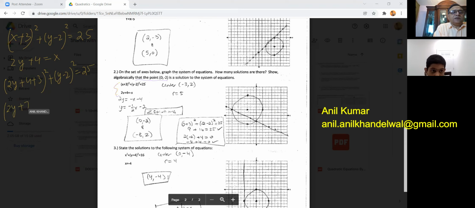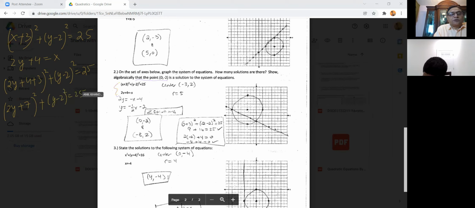(2y plus 7) whole square plus (y minus 2) whole square equals 25. When you square this, you remember the (a plus b) whole square formula? What is it? (a plus b) squared equals a squared plus 2ab plus b squared. Expand.